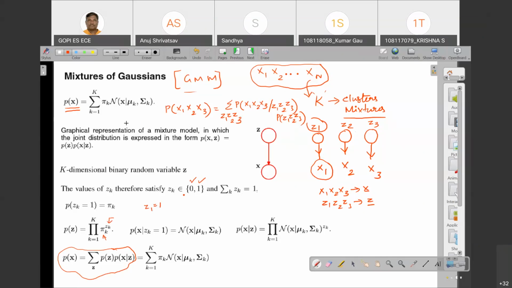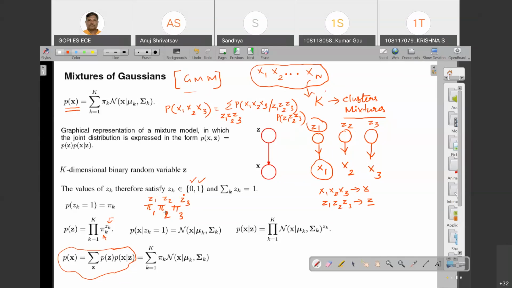It is the same trick we adopted for HMM. Suppose I have 3 mixtures: it is written as pi 1, pi 2, pi 3 to the power Z1, Z2, Z3, but it takes any one of the values. What I am trying to say here is that either Z1 is going to be 1 and the others will be 0, or this one is 1 and the others 0. Depending upon the combination, only one will get highlighted.